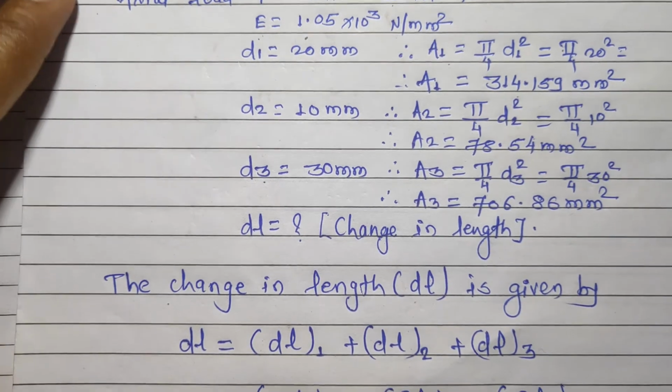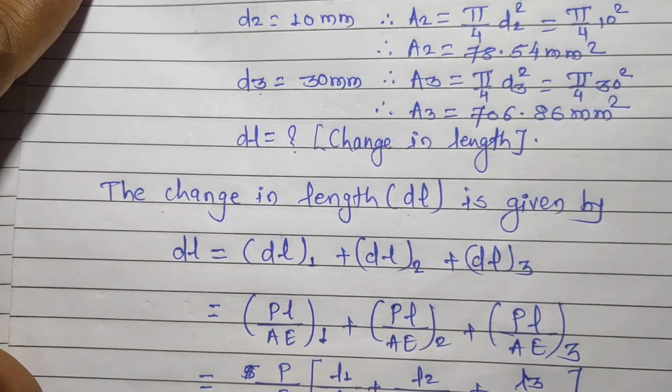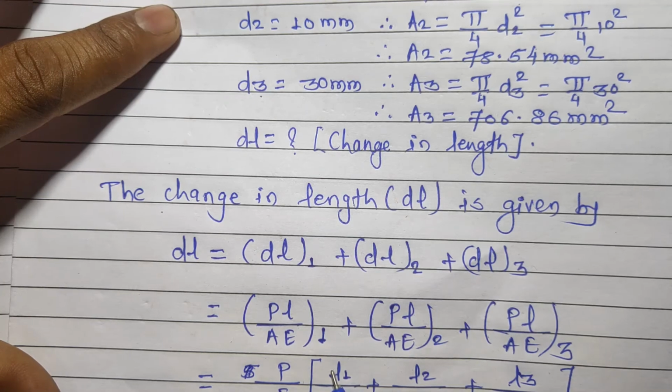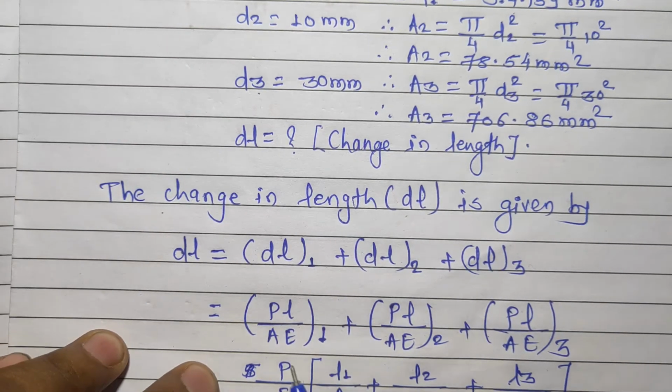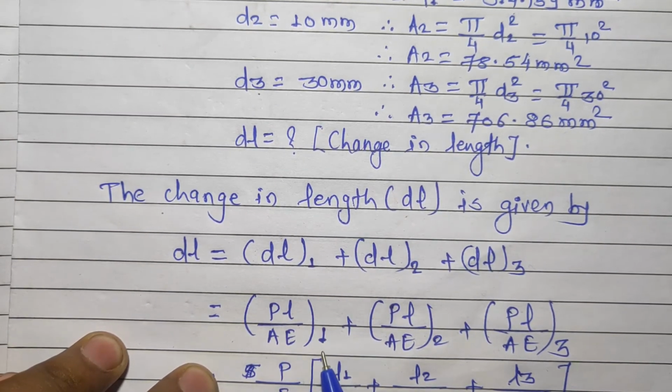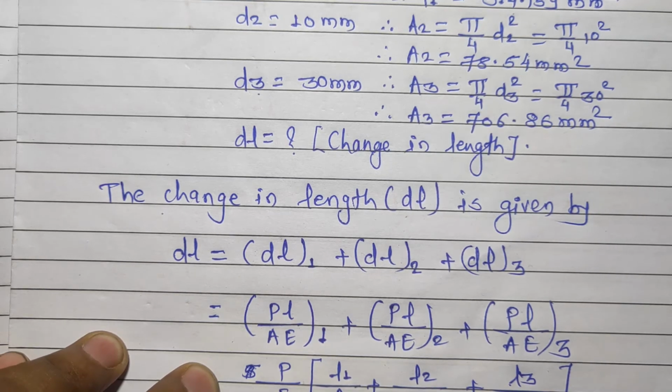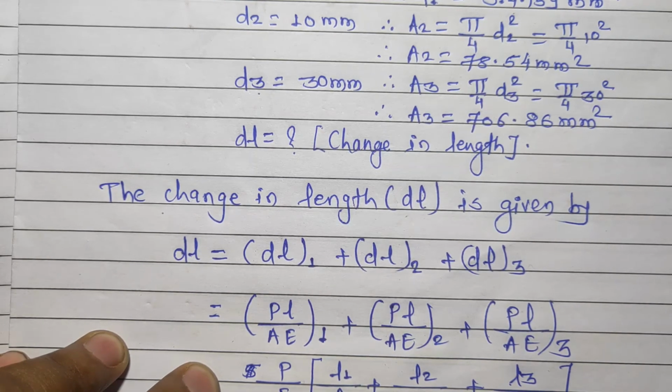So we can use the formula for change in length as PL by AE. We know the formula for change in length is dl is equal to PL by AE for section 1 plus PL by AE for section 2, and similarly for section 3 PL by AE. Now we know for the given problem, the force is the same for each section, and the Young's modulus, that is the material, is the same for all the sections.